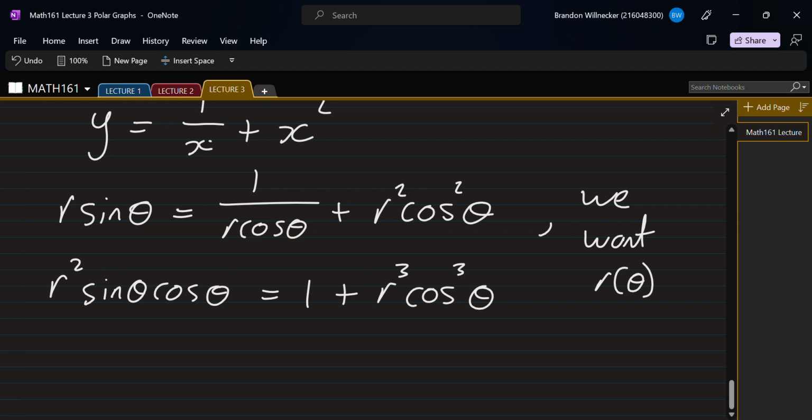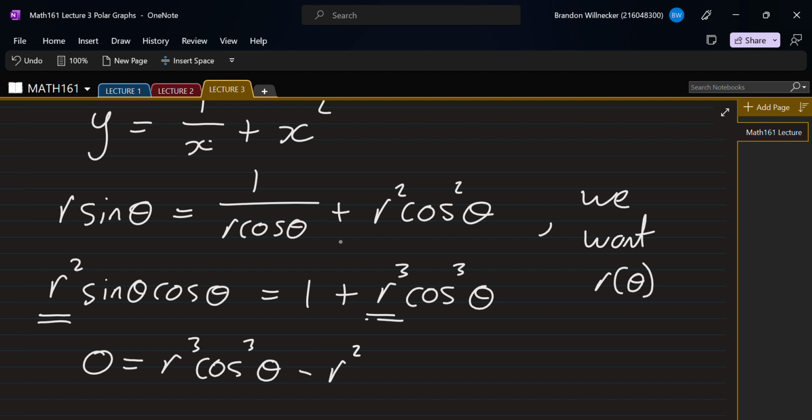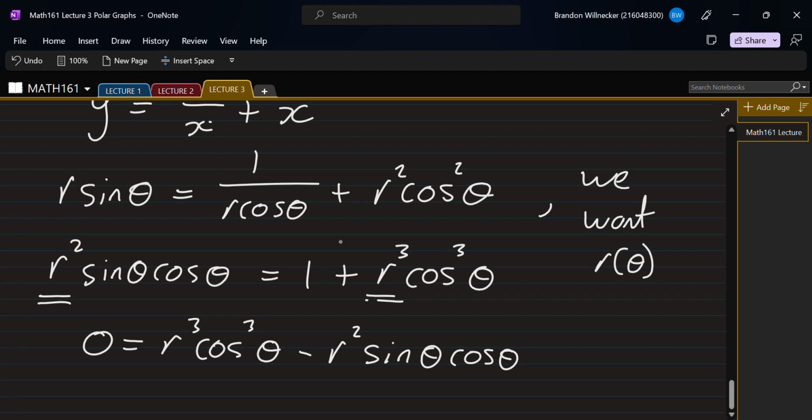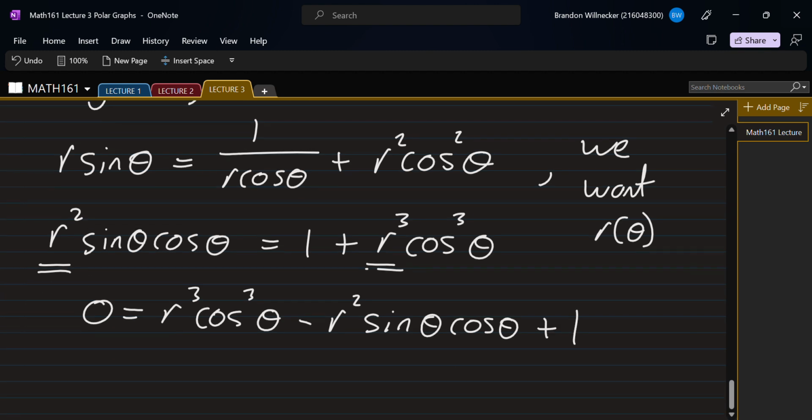Okay. So now, again, it's a bit more difficult than last time because we've got this r squared and r cubed. So let's take everything over to one side. So we're going to have r cubed cos cubed theta minus r squared sine theta cos theta plus 1.